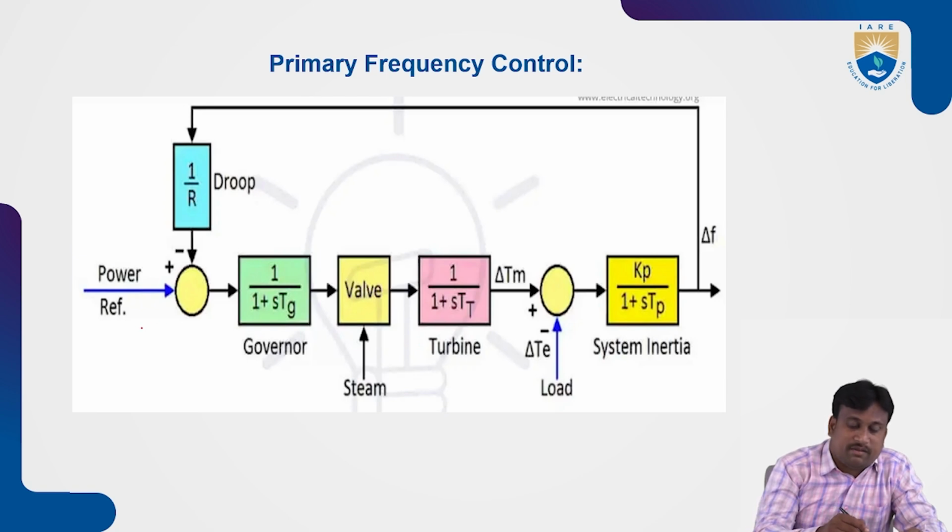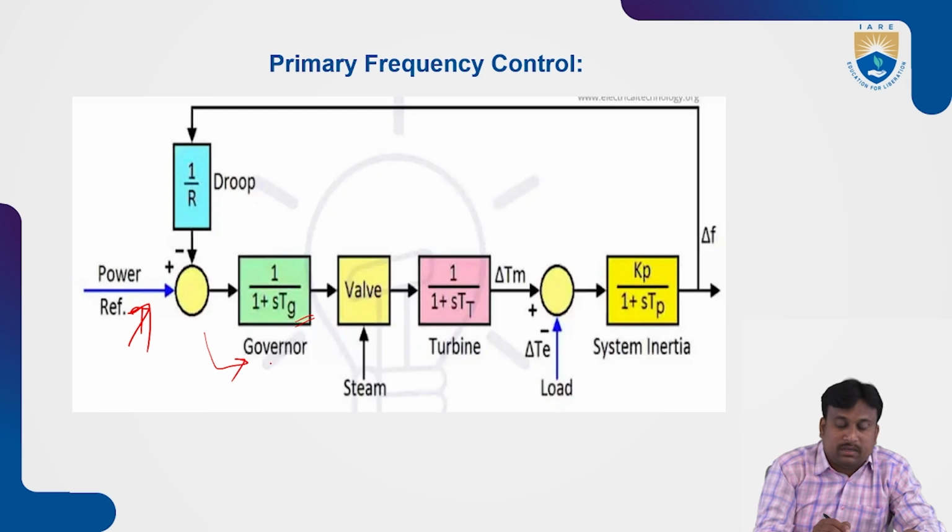So here the reference power is given, which connects to the block of the governor mechanism. This mechanism is represented with the transfer function 1 plus STG. It is connected to a valve, where we apply the amount of steam. From this, it is connected to the turbine. Here the turbine is represented with the transfer function 1 plus STT, and this block connects to the delta TM mechanism.